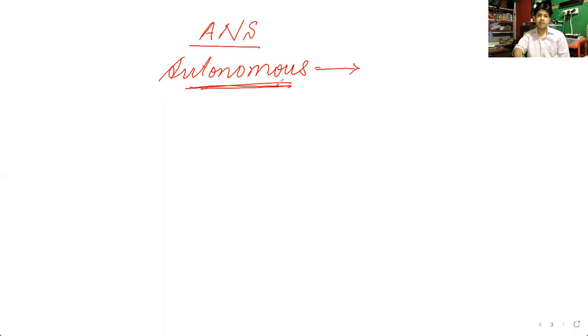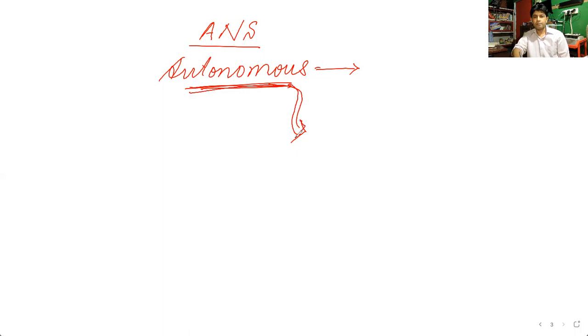That means it contains those functions which are performed automatically without the knowledge of our brain, without the control of our brain, as well as without the control of our will. Automatically those functions take place.